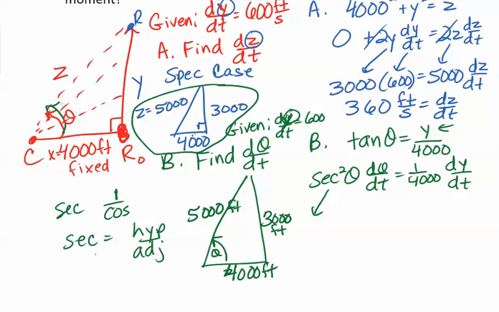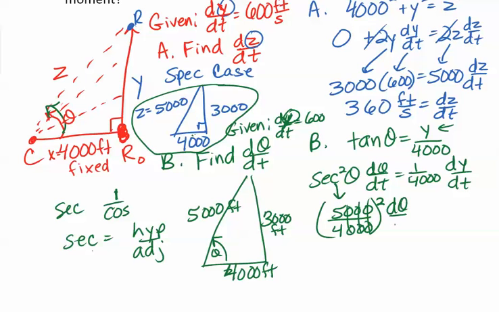So for secant, we want the hypotenuse over the adjacent, and of course we can divide by 1,000 and make that 5 over 4. Then we square it, so this is our secant squared, 5 over 4 squared.